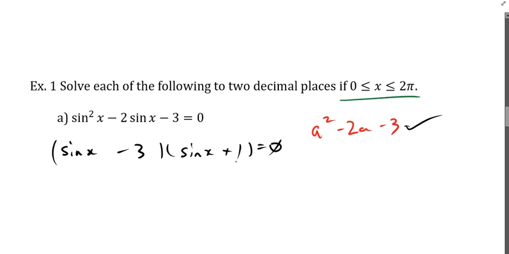If you expand that, you'll get the line above it. Zero product property, therefore, we'll do it the long way. Either sine x minus 3 is 0, or sine x plus 1 is 0, which means for this one, sine x is 3.